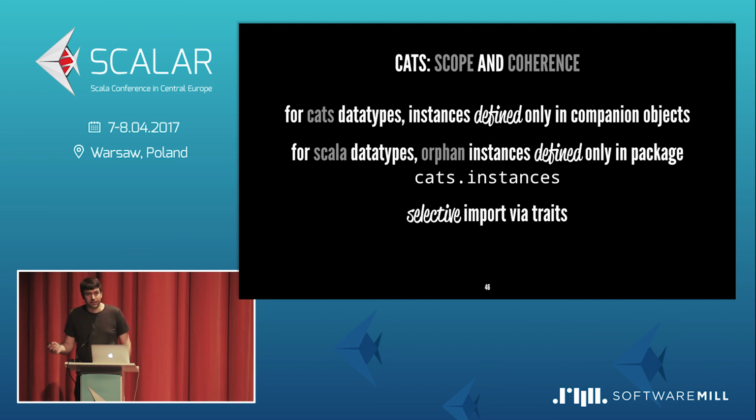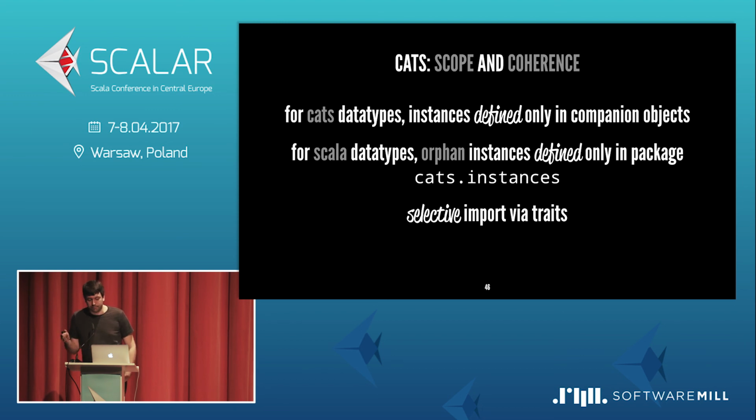For data types that were defined in Scala, so for example, if you want to attach more type classes to either, and we don't have control, we want to improve on what we can do for either. We are not able to define those instances in the type class or in the objects because we have not defined them directly.